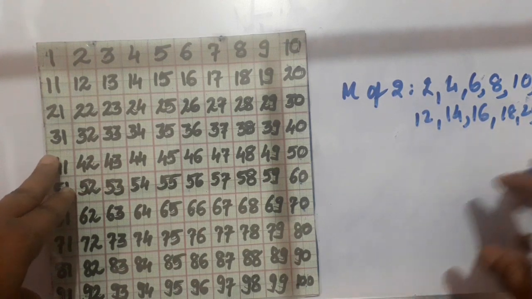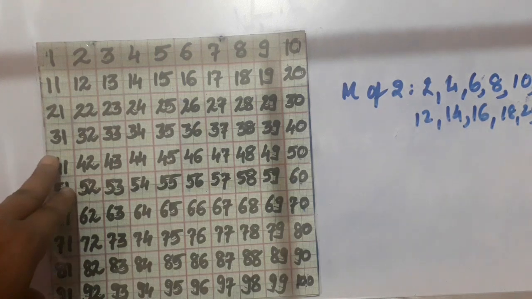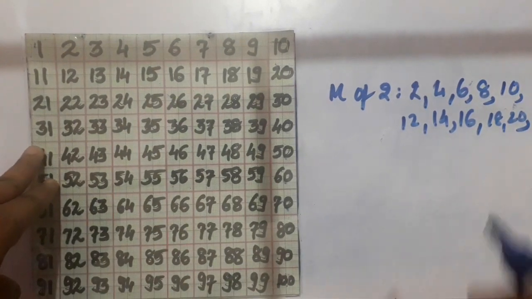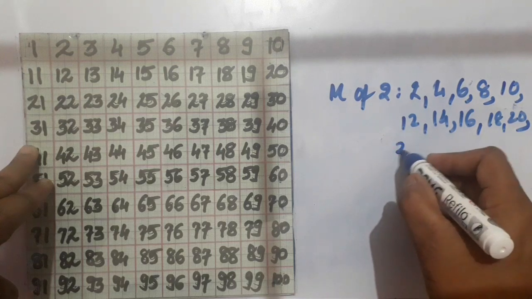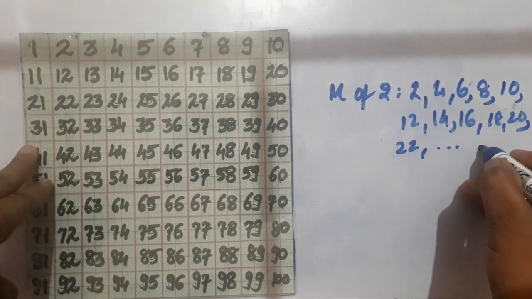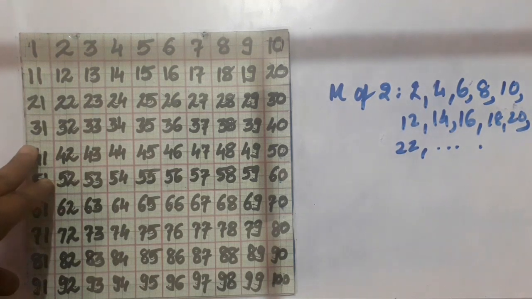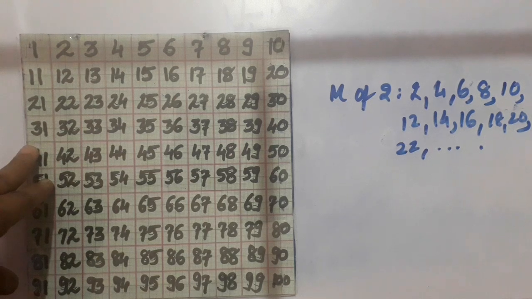It doesn't mean that after 20 it stops. No. When you multiply 2 into 11, you are still getting 2 11s are 22 and so on. As the numbers are infinite, multiples of a number are also infinite.